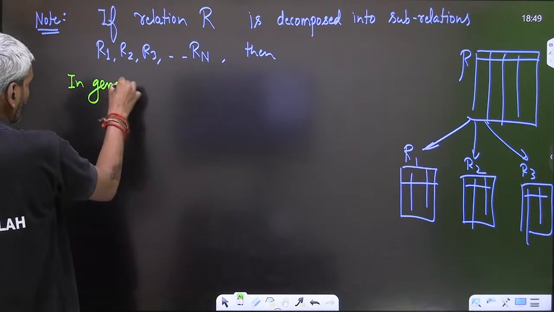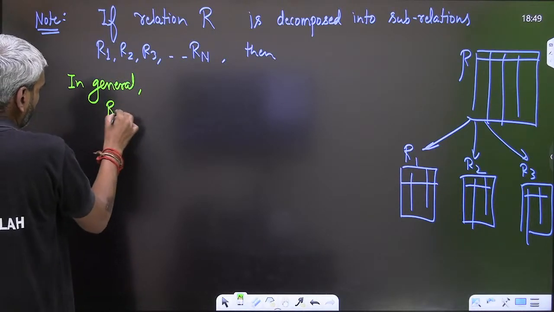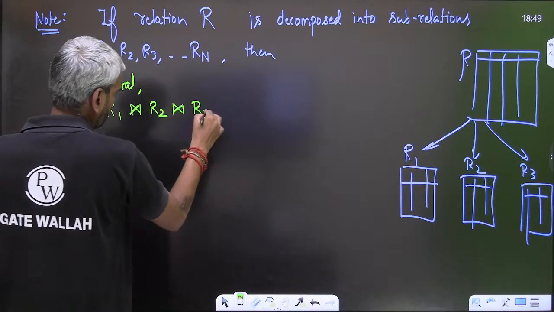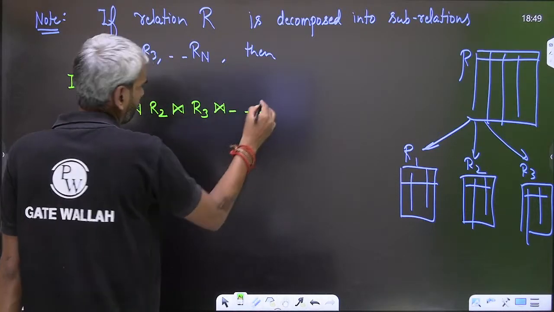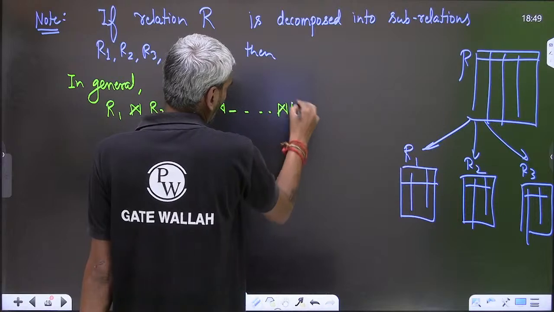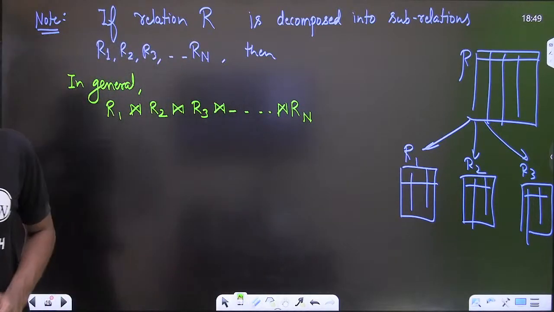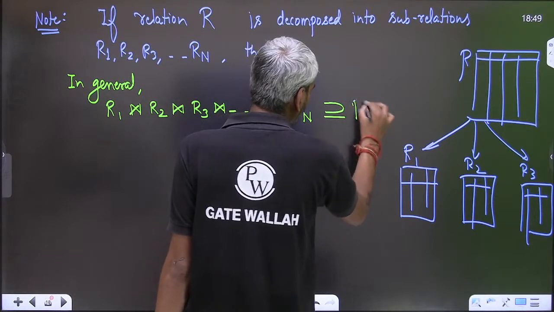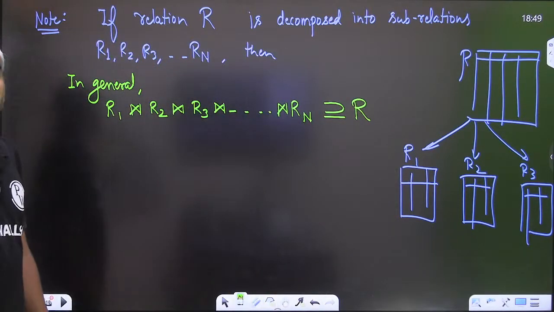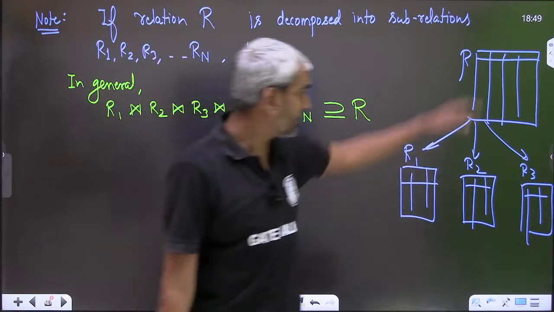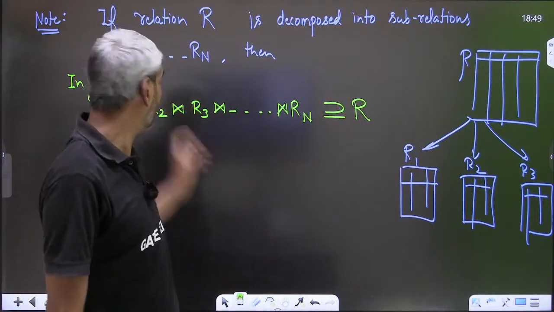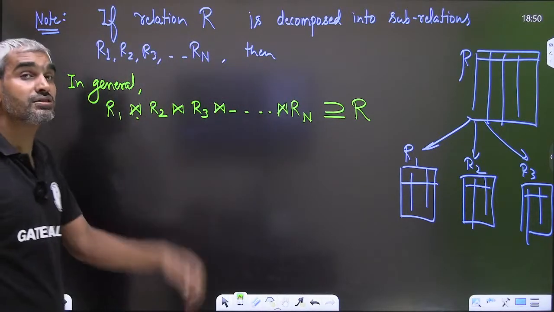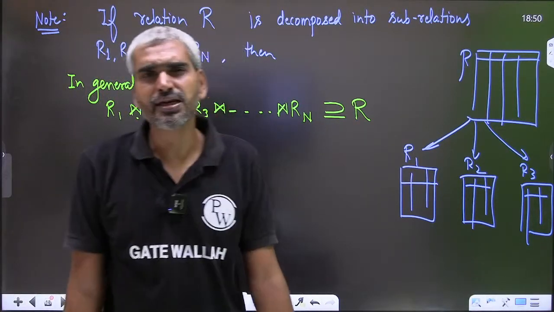what will be true? In general, if you perform the natural join of all these subrelations R1, R2, R3 up to Rn, then the result will be a superset of all the tuples present in the relation R. So it is guaranteed that all the tuples of relation R will be present after this natural join, but it may be the case that there are some extra tuples in the natural join of these subrelations.